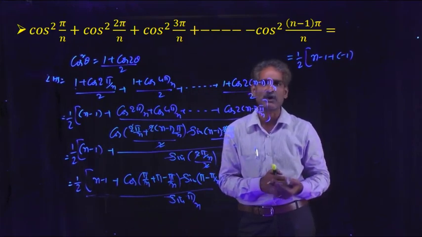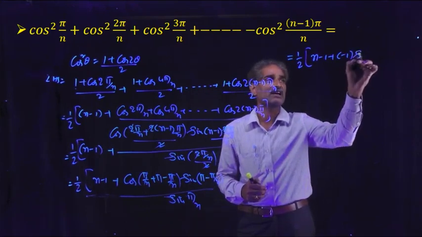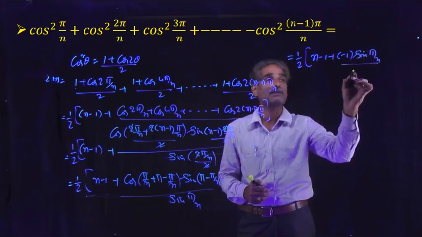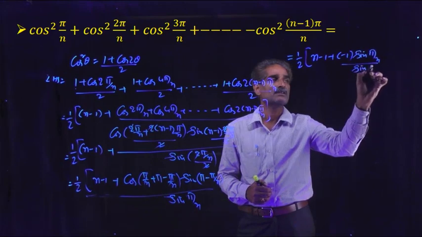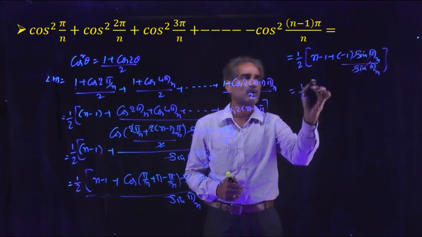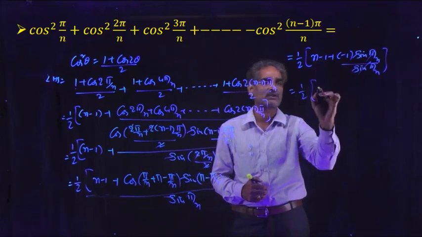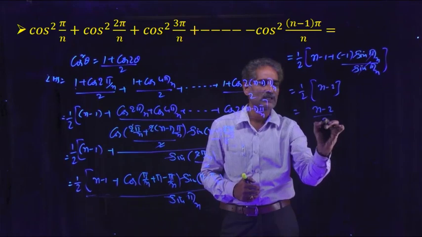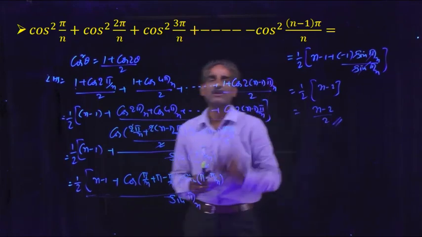In the second quadrant sine is positive. So sine theta, sine pi by n, whole divided by sine pi by n. The two functions will get cancelled. Then we will get 1 by 2 into n minus 1 minus 1, n minus 2. This is the answer, n minus 2 by 2. This is the value of this expression.